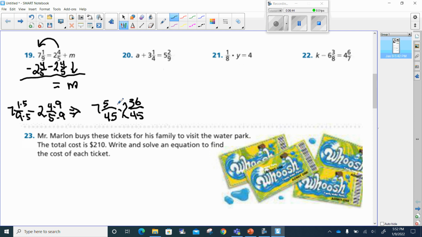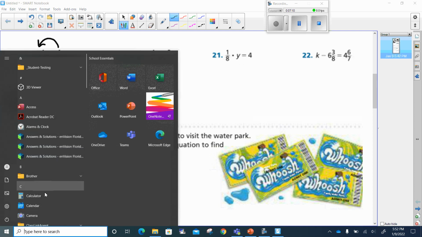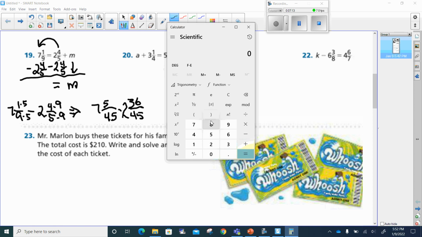So now I can go ahead and subtract, but I realize here that I can't subtract 36 from 5, can I? So I'm going to have to go around the world with this, all right? I'm going to have to take 45 times 7 and add it to 5. We're just going to do that with our calculator. 45 times 7 is 315.